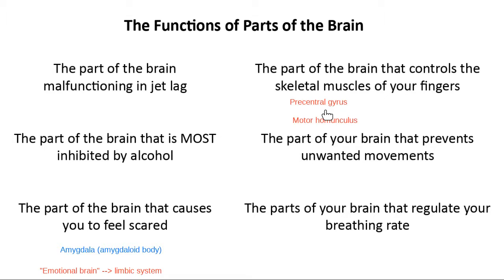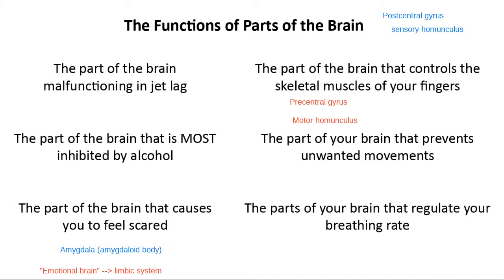By the way, what's going on in that structure called the post-central gyrus? What's up with that one? What's the function of that bump? Yeah, so that's going to be the one that has the sensory homunculus, the map of where you send all of your sensory information.